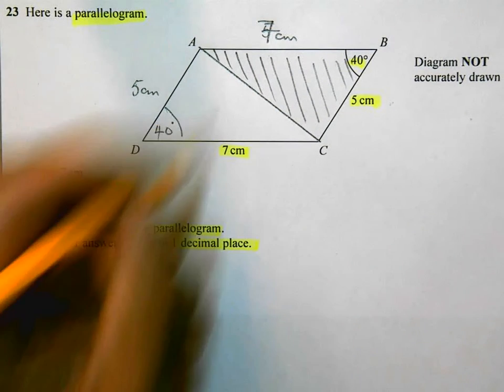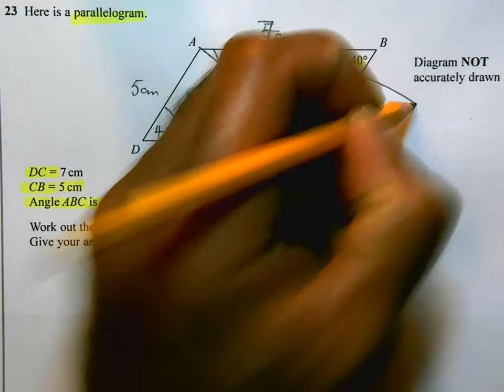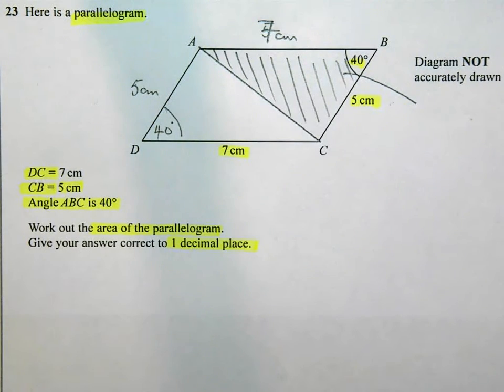So these two triangles are identical. And you should also know that there is a technique that can help you work out the area of this particular triangle. Now, on your formula page in your exam booklet, you're given the formula for a triangle given two sides and the angle between them.